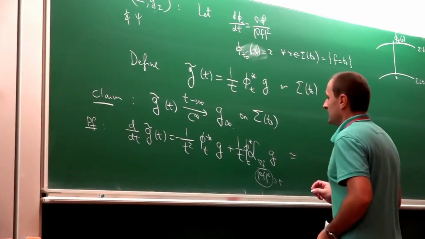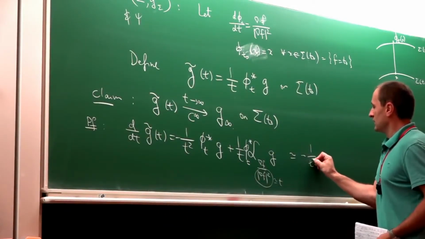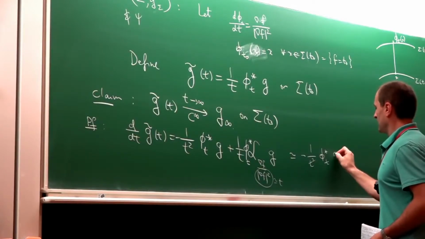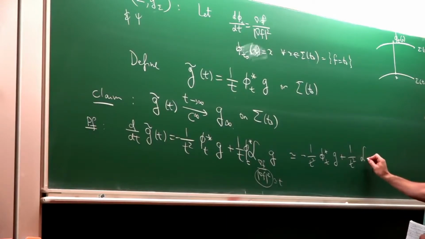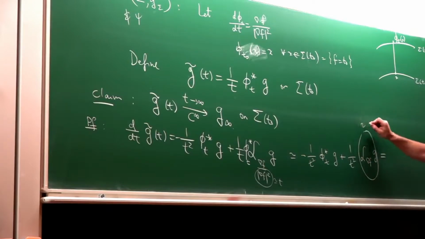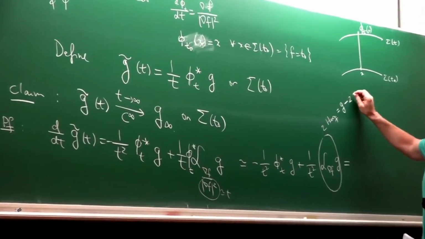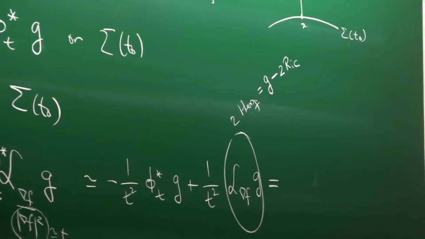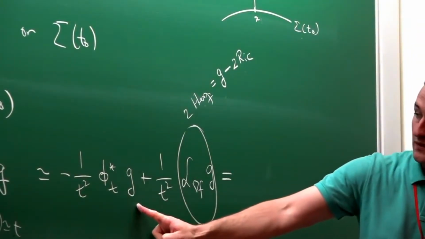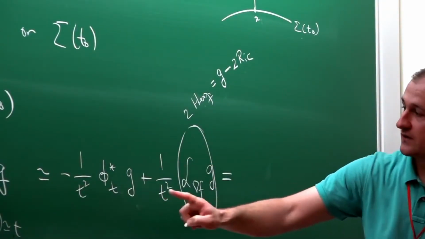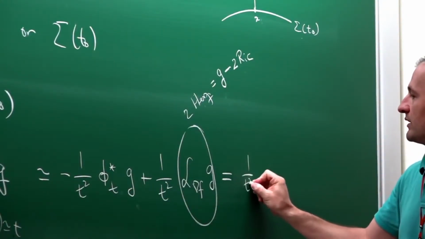So I will just say this is equal to, and of course this is twice the Hessian of F. So that's G minus 2 Ricci. This with this will cancel out, right? G with G cancels out, so I get 1 over t squared.